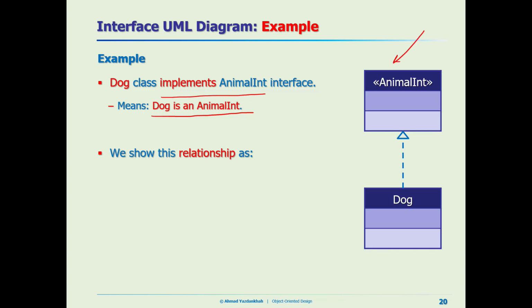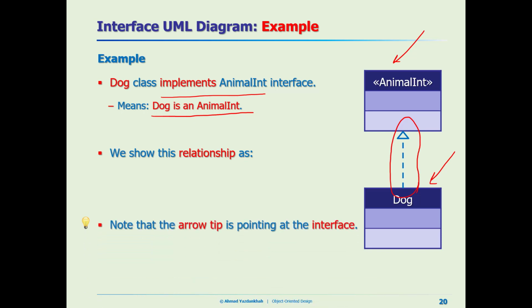So this is our interface, and this is our class, and this shows that there is an implementation. Okay. The arrow tip, exactly like in inheritance, where it was pointing to the superclass, here it is pointing to the interface.